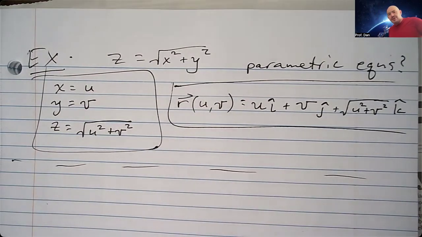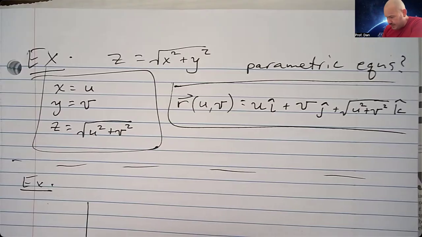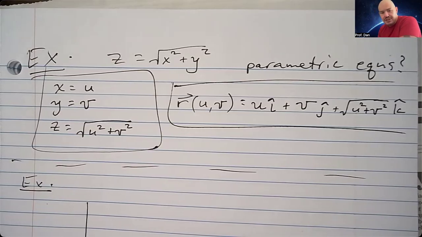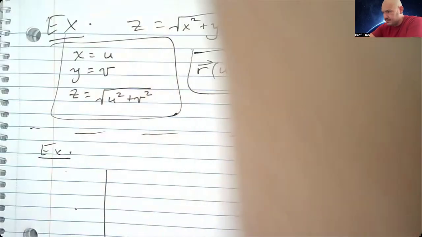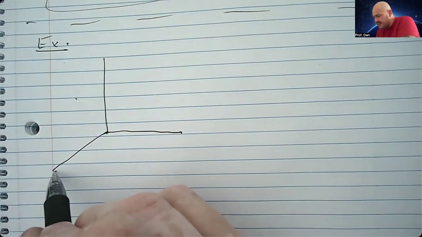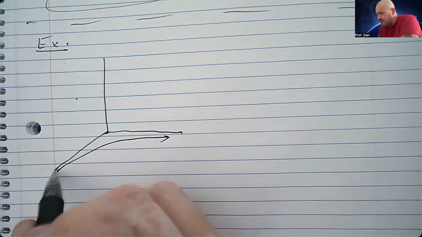Okay, another thing that we can pretty readily parameterize are something that you looked at back in Cal 1, Cal 2: surfaces of revolution. So for example, if I have the function y equals 1 over x, we know that in the xy plane, this is going to be that graph here where we had a vertical asymptote along the y-axis.